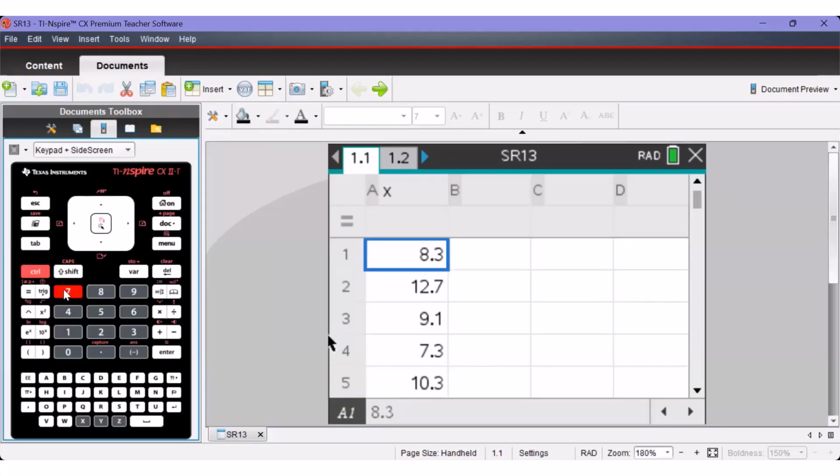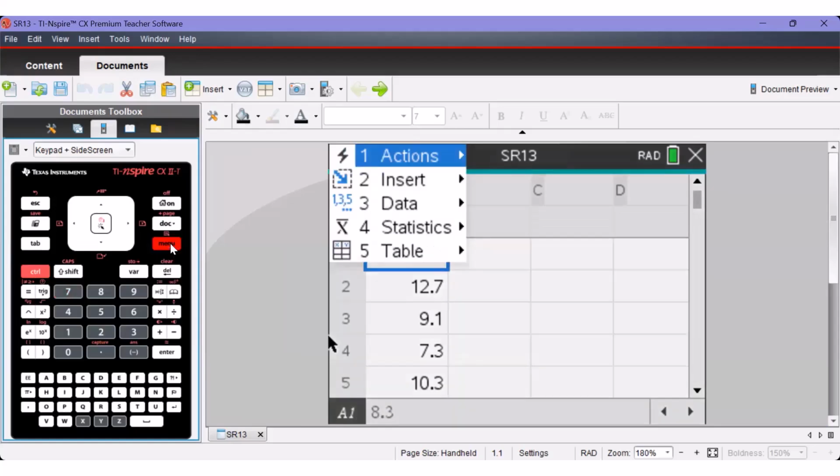Okay, so let's calculate this sample mean wait time. We can do this either in a calculator application or in the list and spreadsheet application. While we're here, let's do it in the list and spreadsheet application. We're going to press Menu.